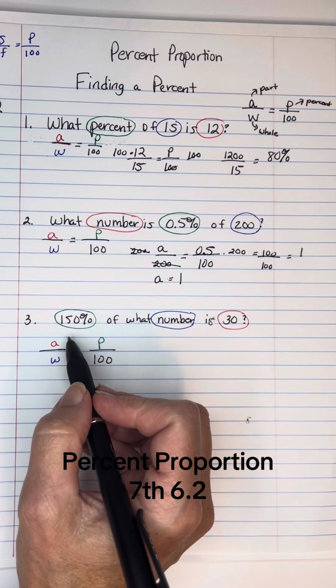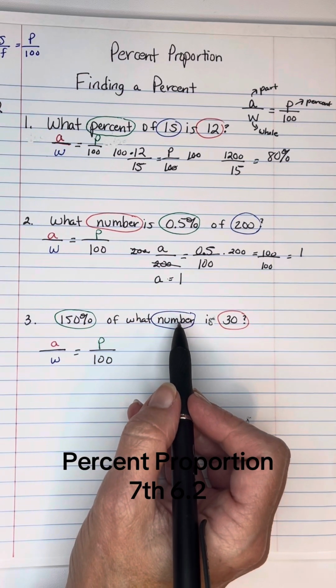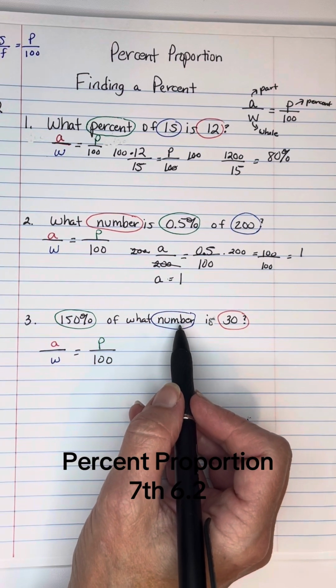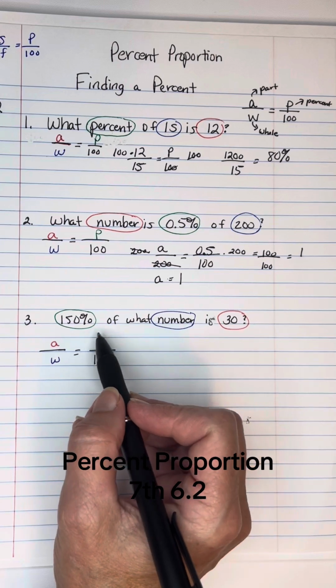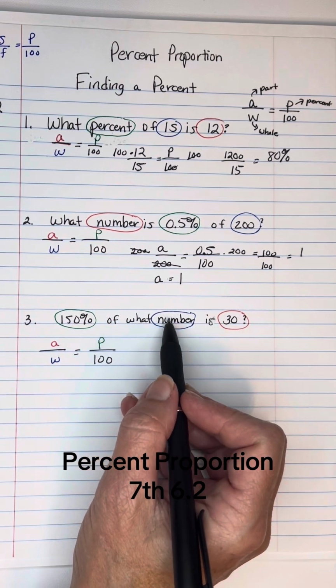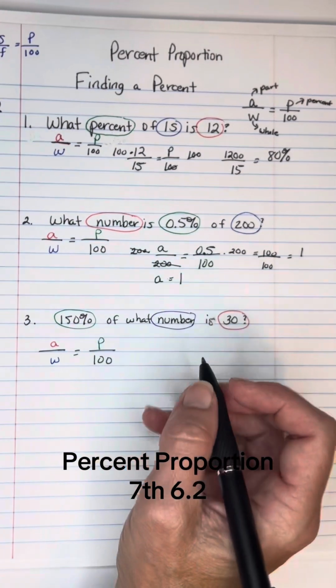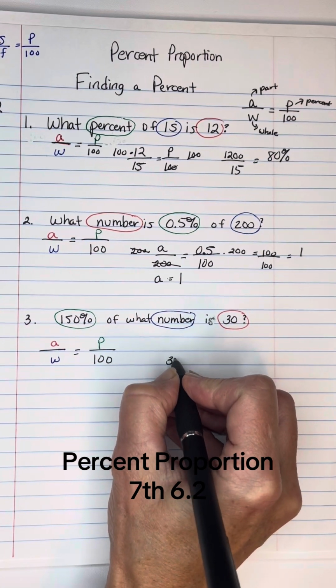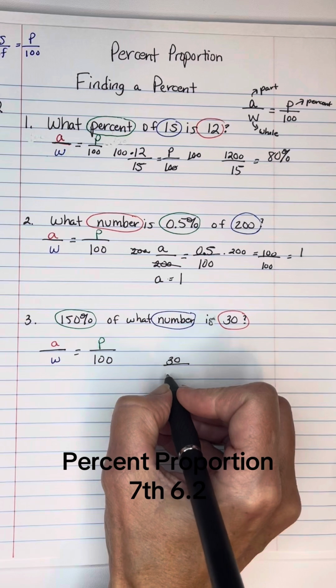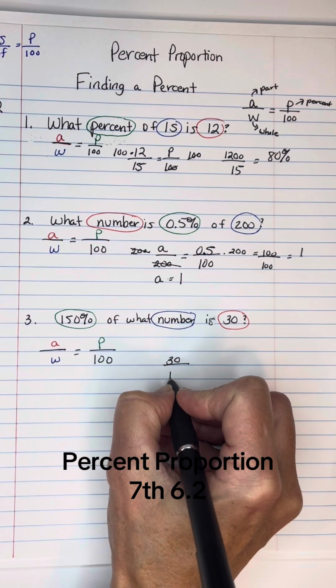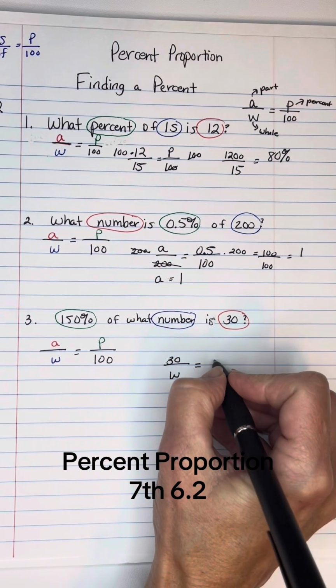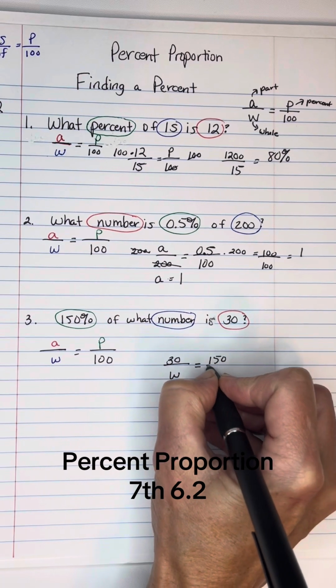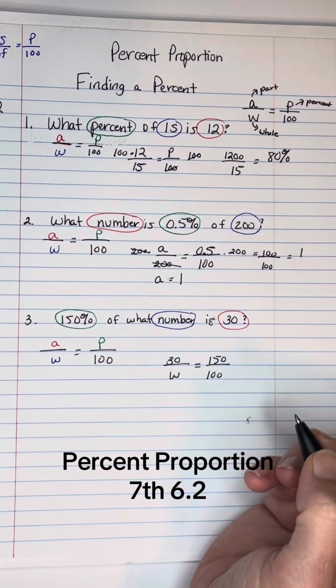And then here is one where I'm looking for the whole part. 150%, of course, that's the percent, of what number is 30. So if I'm thinking about is over of, the 30 is the is. The of is what we're looking for, so we'll call that W for whole. The percent is 150% over 100.